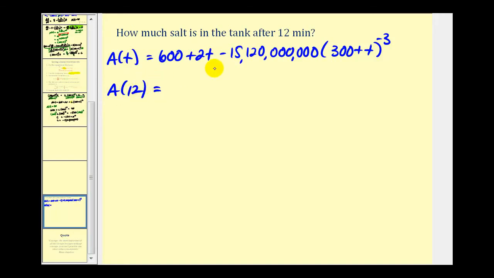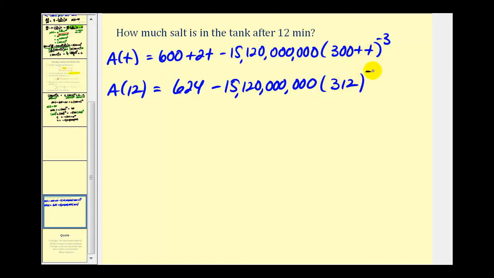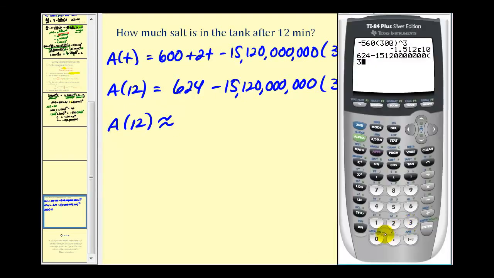So we'll substitute 12 for t. This would be 600 plus 24, 624 minus 15,120,000,000 times, this would be 312 to the power of negative 3. And we'll go back to the calculator.